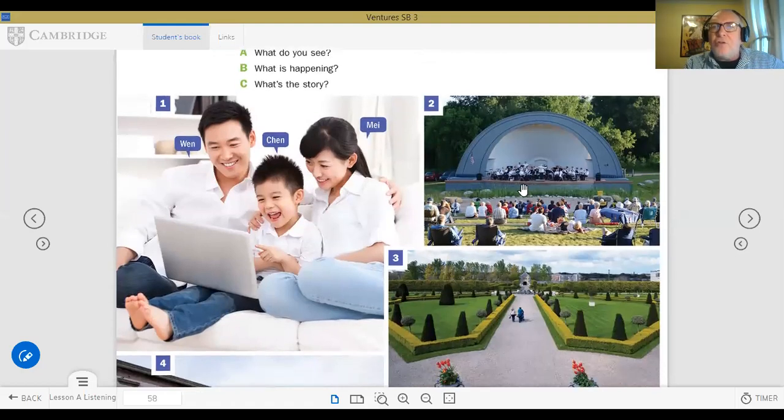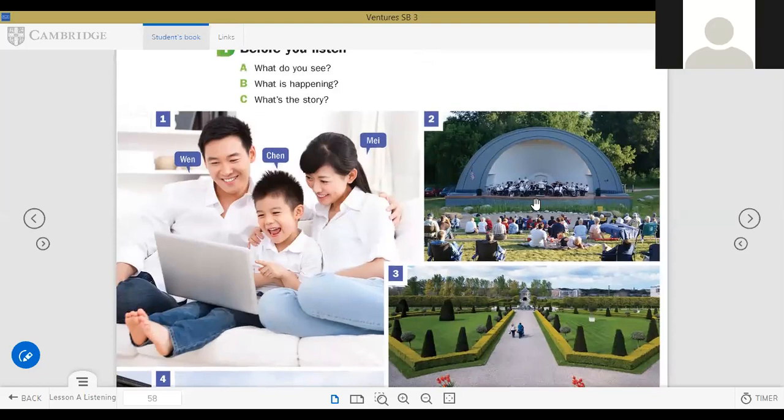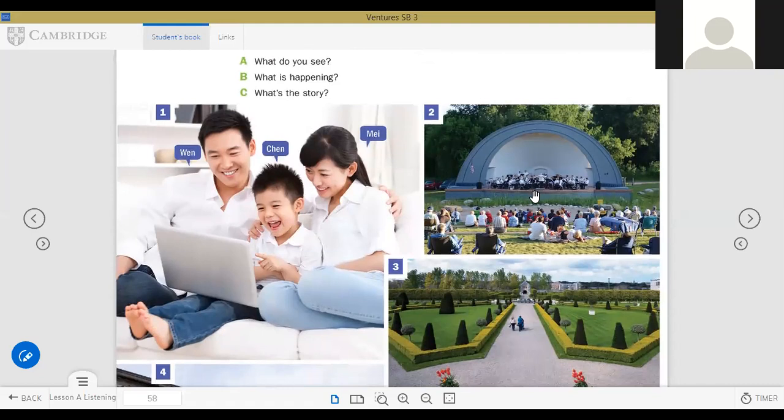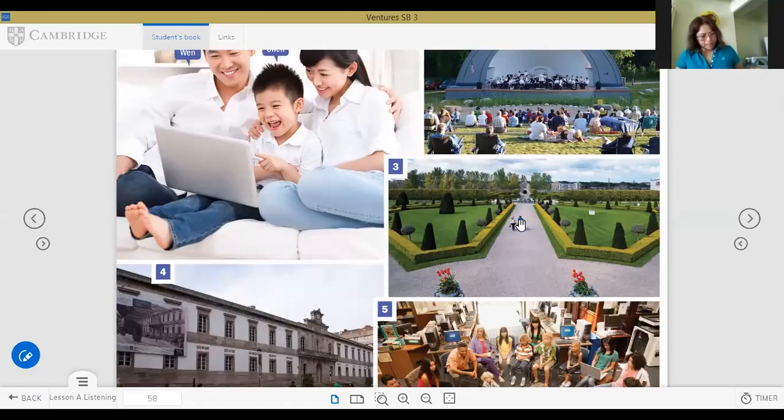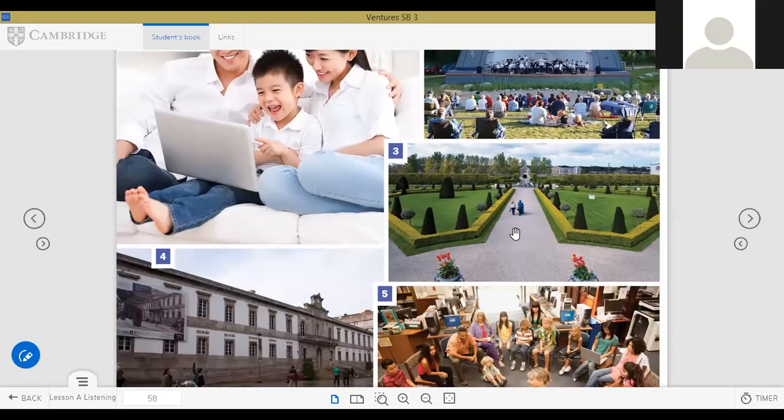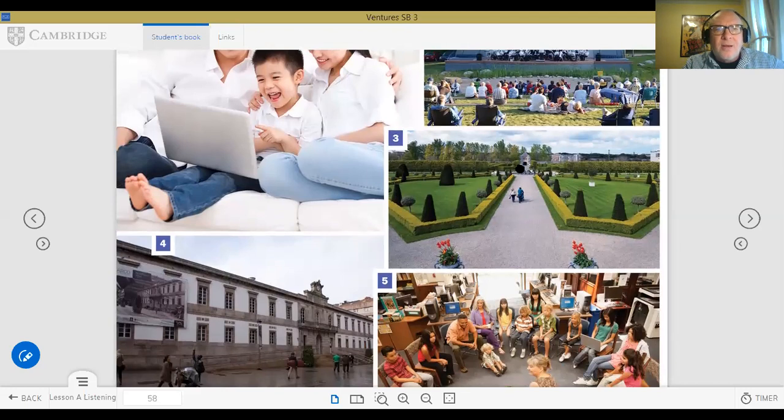What is choice number 2? The community concert at the park, right? Concert in the park. And look at picture number 3. What's that? It's going to the garden, right? All right.